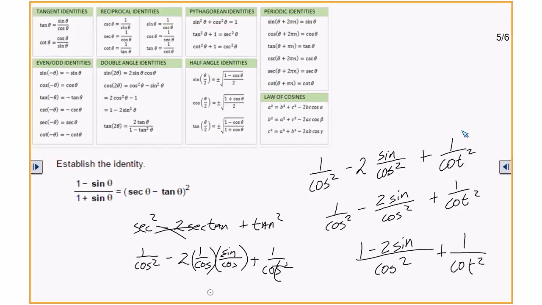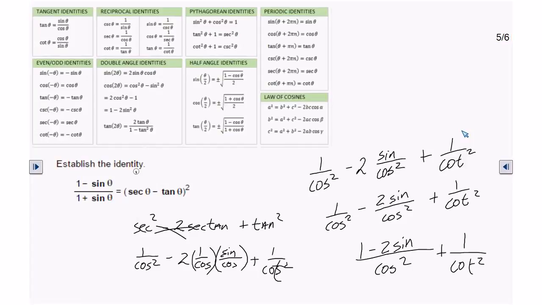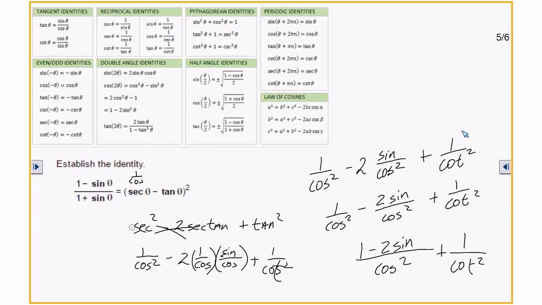So that means probably you need to try to change this into sine and what? Cosine. Try that. That might help you. So secant would be what? 1 over cosine? And tangent is sine over cosine?